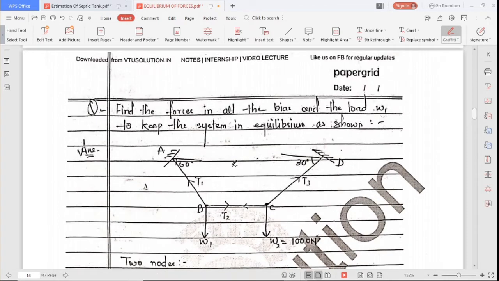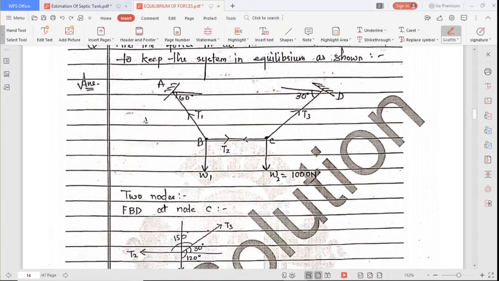Find the forces in all the wires and the load W1 to keep the system in equilibrium. So we have to find the force in W1 so that we can keep the system of forces in equilibrium. To keep the system in equilibrium, we have to take the condition sigma H equal to 0, summation of V equal to 0.